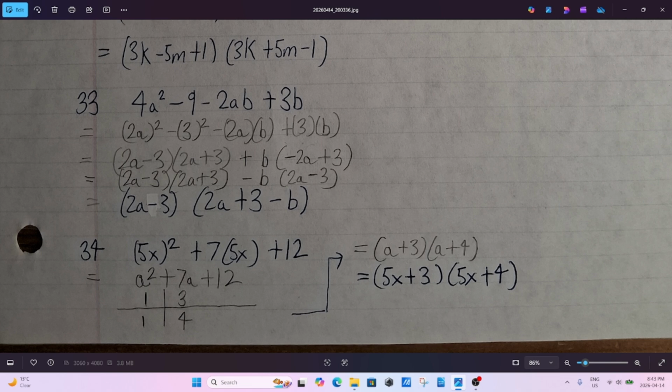We can see that it's a difference of squares for the first two terms. So you get (2a minus 3) times (2a plus 3) minus b times (2a minus 3). So the 2a minus 3 is a common factor. So it's (2a minus 3) times (2a plus 3 minus b).